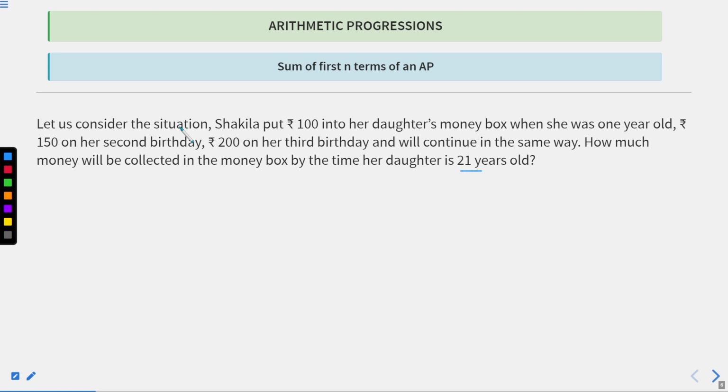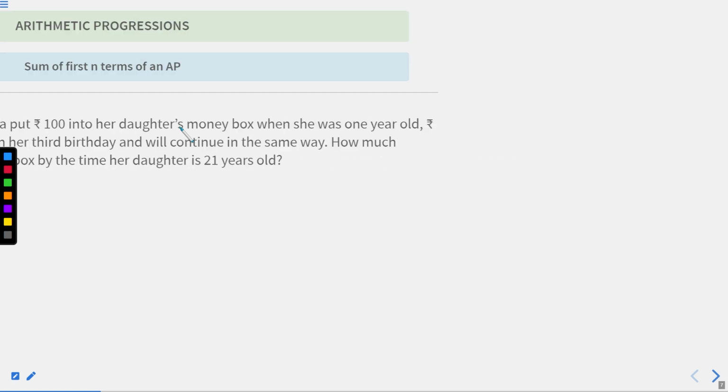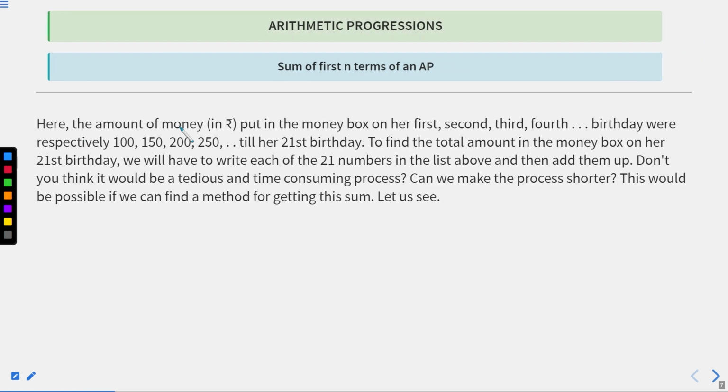Let us see how to solve this. Here the amount of money in rupees put in the money box on her first, second, third, fourth birthday were respectively 100, 150, 200, 250, and so on till her 21st birthday.